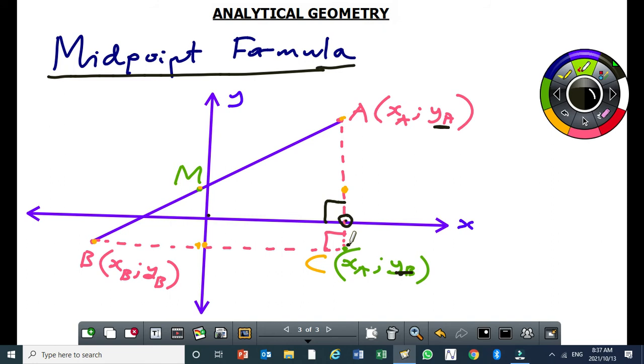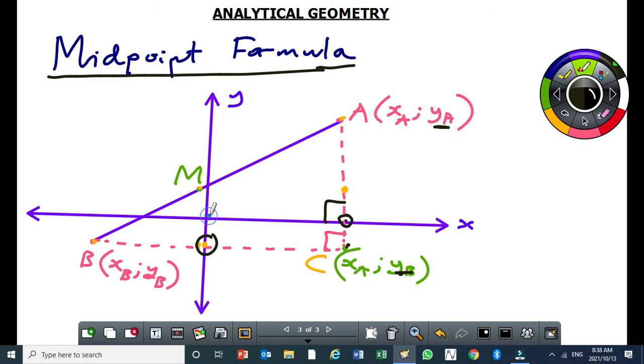If this point is on the same straight line as point M and the line is parallel to the x-axis, then the Y value here will be the same as the Y value there. If you can't see that, then something is not okay. Right? Also, for the X value, do you agree with me that XA starts from here up to there?